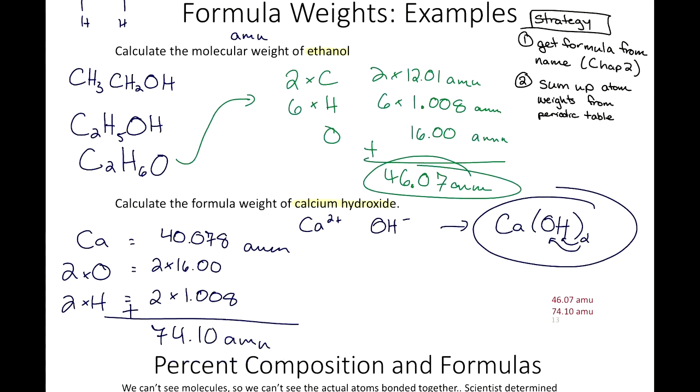Okay. If you use a different periodic table that has more decimal places, you might get different numbers. Like your rounding for sig figs might be a little bit different, but it'll be close to this, right? So that's what one formula unit of calcium hydroxide weighs, all right? So just based upon how we did this math, calcium hydroxide, the weight is like 74 AMU.